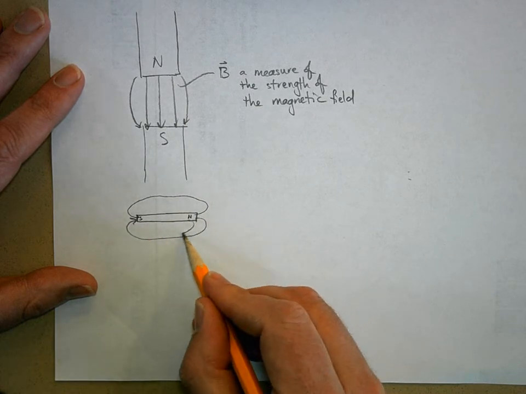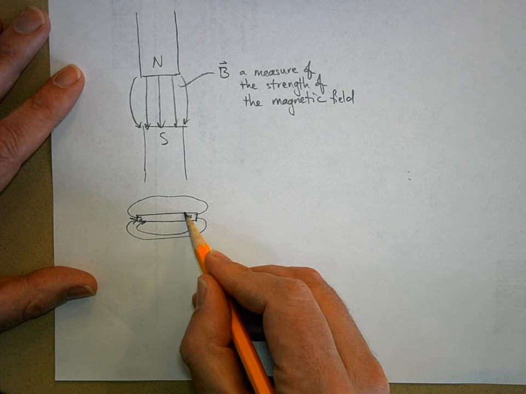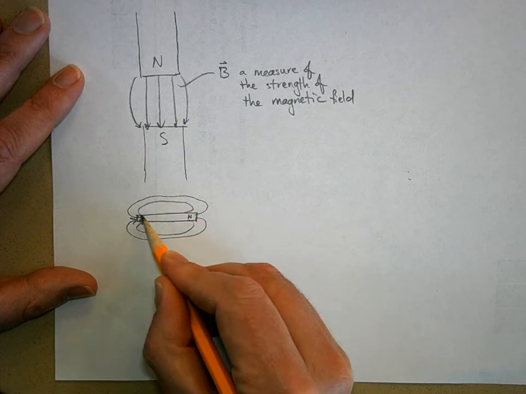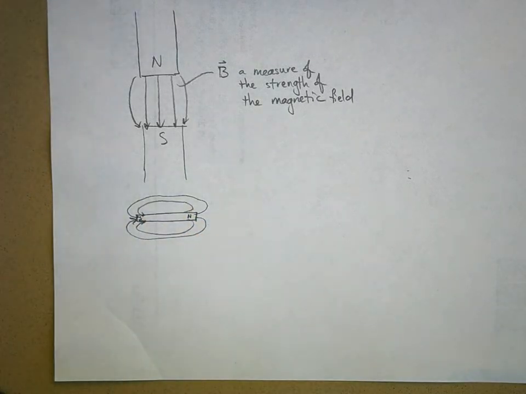Okay, and some of them will go like this. But here's something about magnetic fields that's different than electric fields. We say they come out of the North Pole, but they don't really come out of the North Pole. What we're going to discover is that magnetic field lines always come in loops.